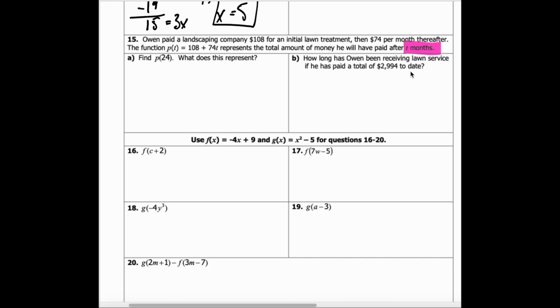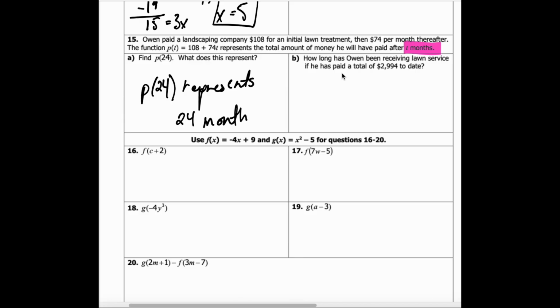They said after t months. So then if P of t equals this amount, then P of 24 is going to represent 24 months, right? So we would say P of 24 represents 24 months.